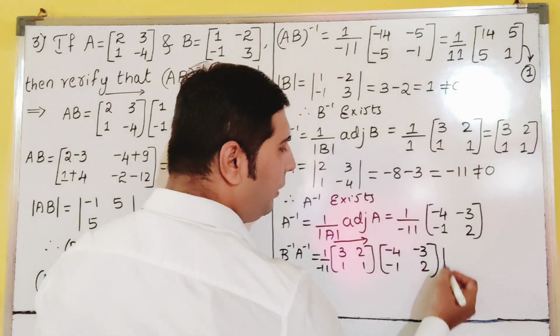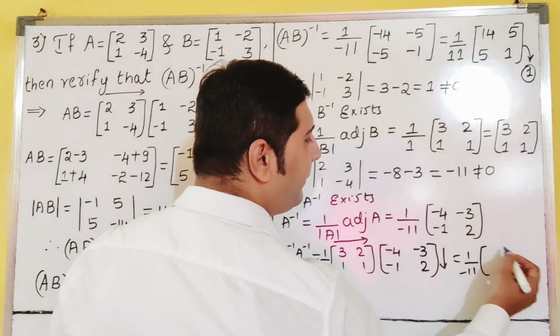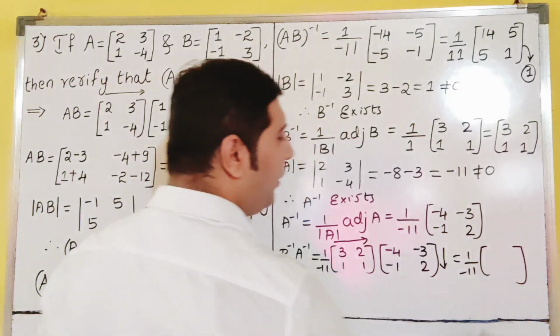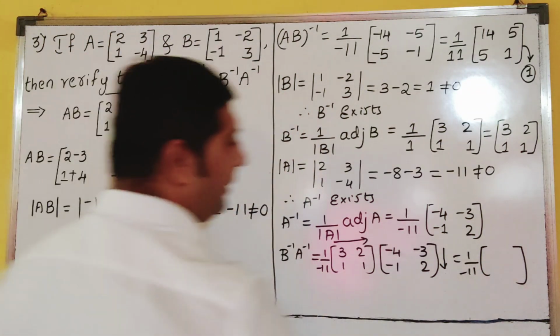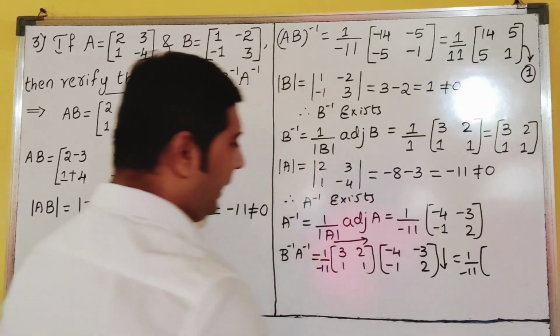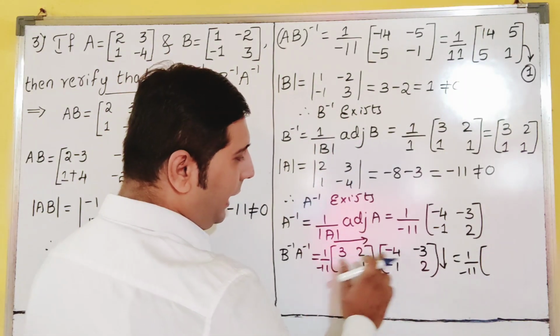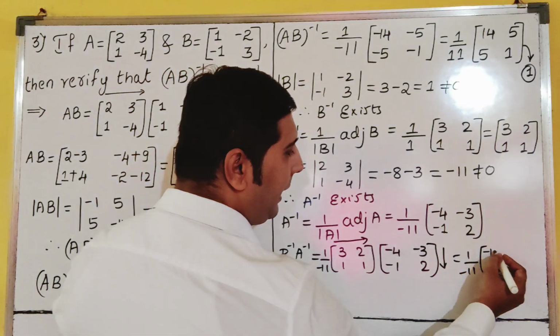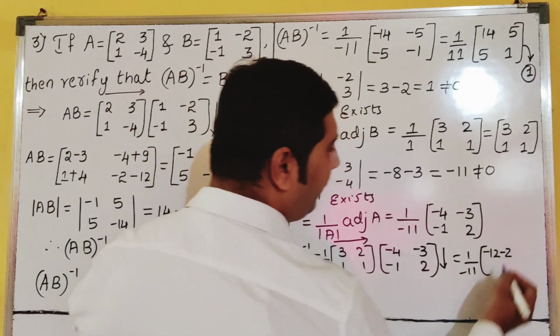1 by minus 11. See what will happen here. First element, first row, first column: 3 into minus 4 is minus 12, 2 into minus 1 is minus 2. Clear?